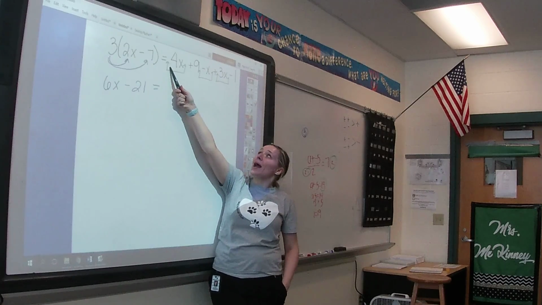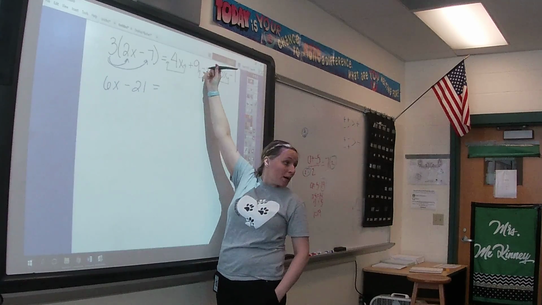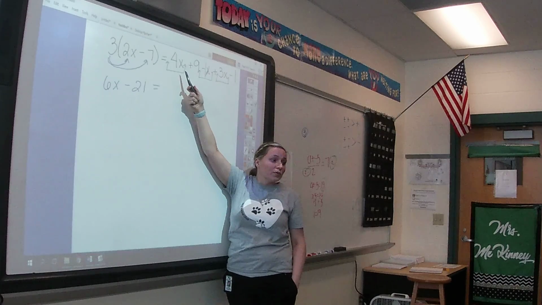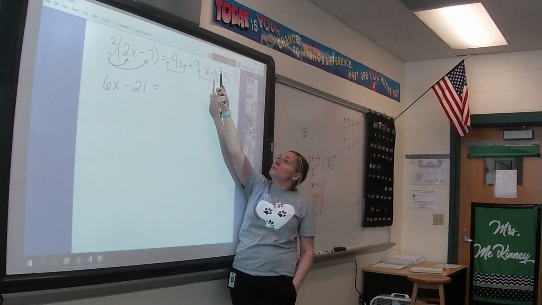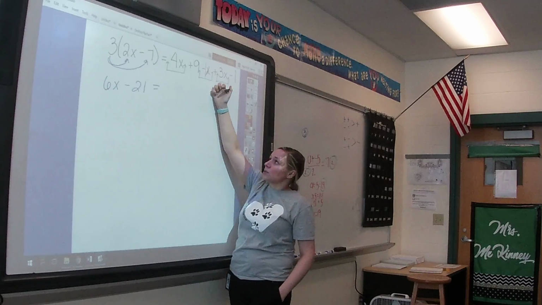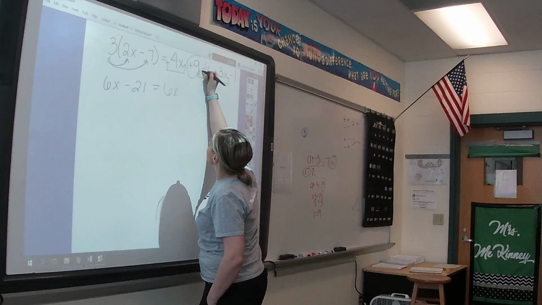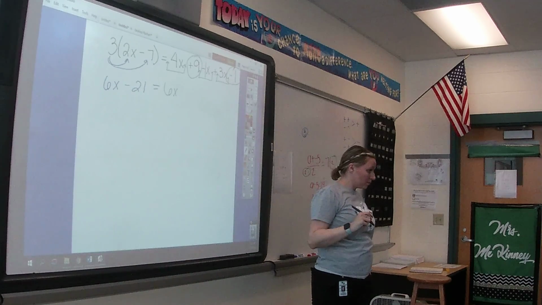So what is 4x minus x? 3x, because what number is really here? 1. So 4x minus x is 3x. And then what's 3x plus 3x? 6x. So 6x plus 8.